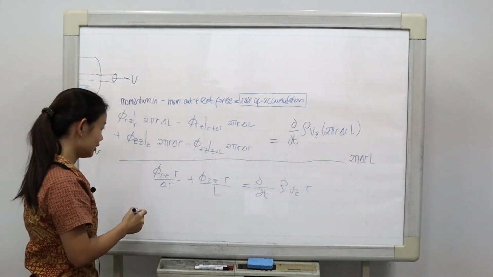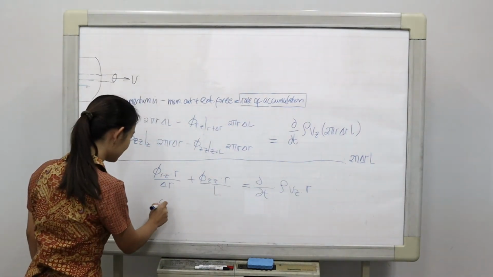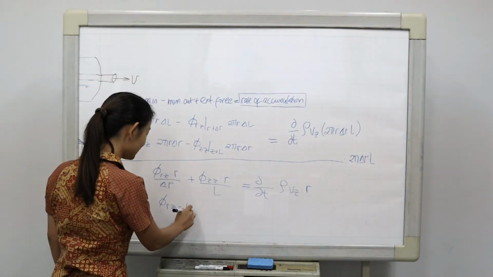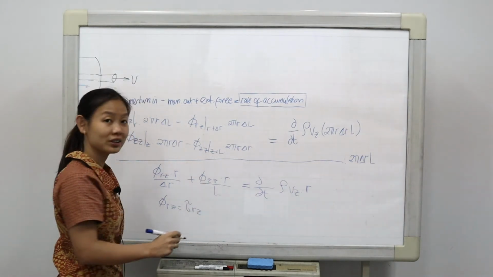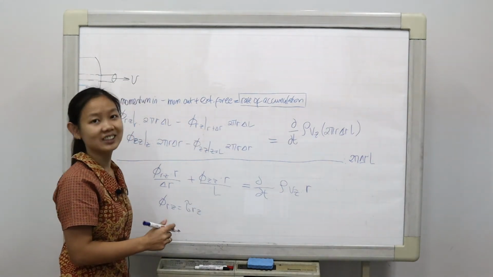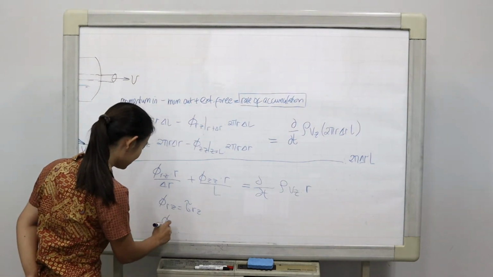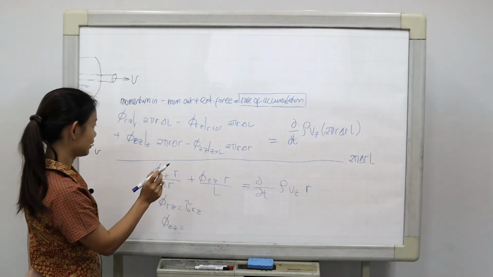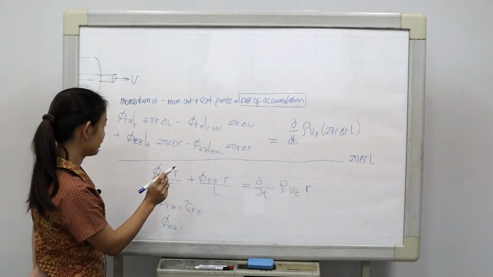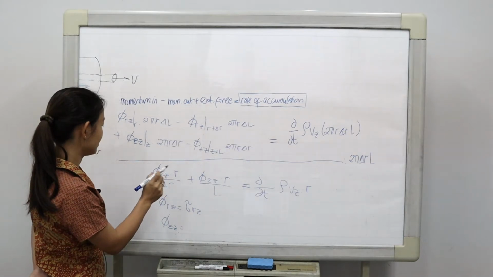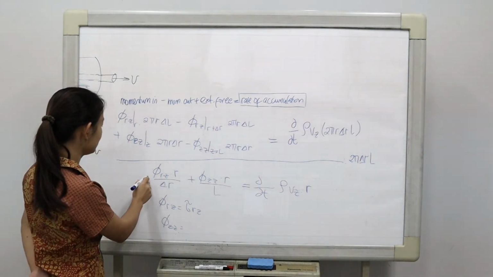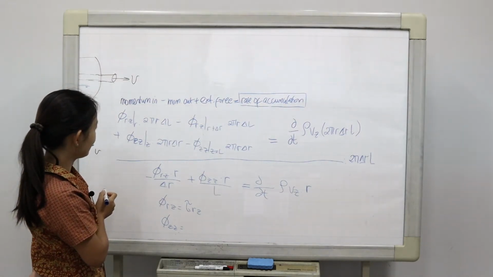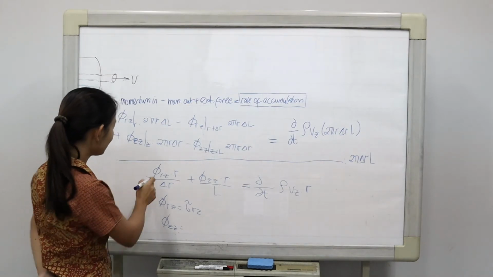Then, just as usual, we have to define what is vRz. You can do it quickly now. vRz is only tau Rz. The other component is just 0. And the vZz, sorry, we should have a minus here.